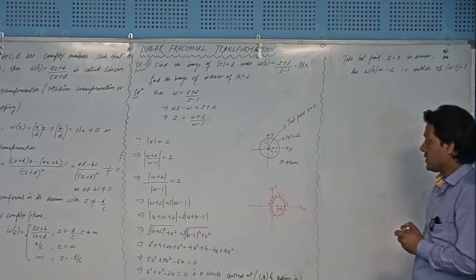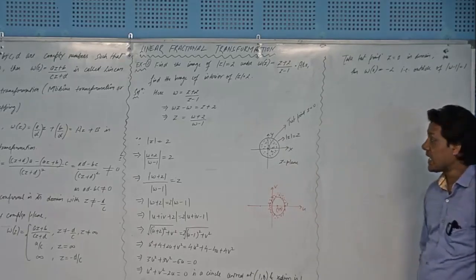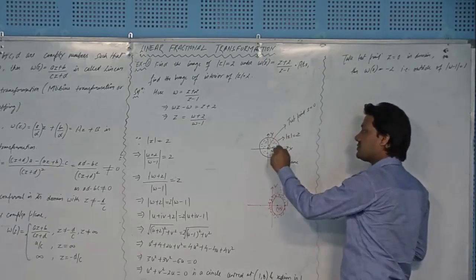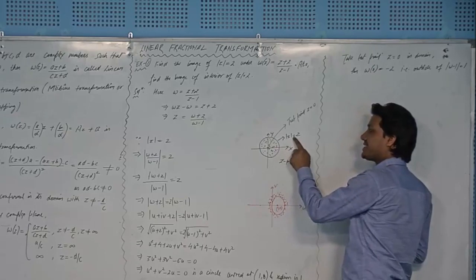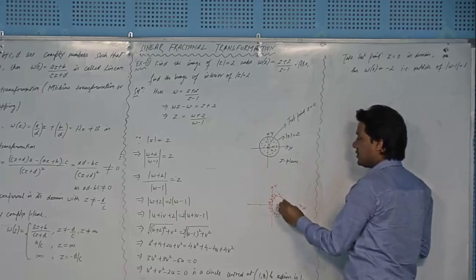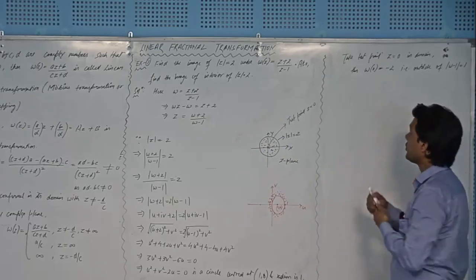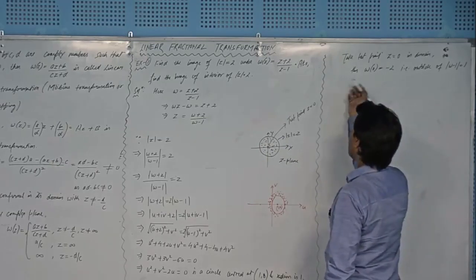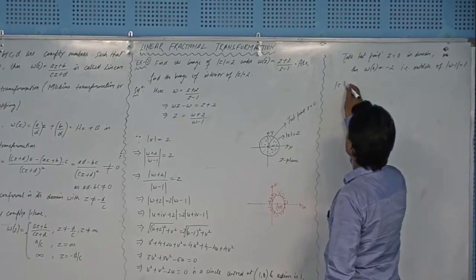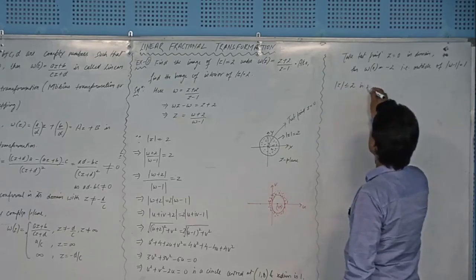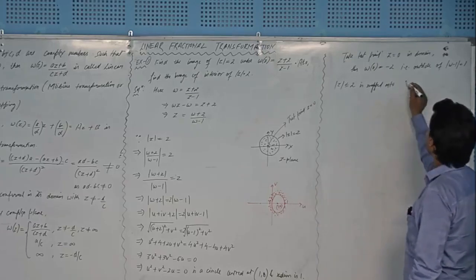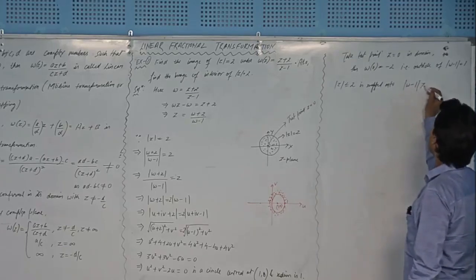So in summary, you can say that this disk, if you consider this region together with this boundary, it means that mod z less than or equal to 2, the closed disk, is mapped to the exterior of this disk. So I will write that in summary: mod z less than or equal to 2 is mapped onto mod w minus 1 greater than or equal to 1.